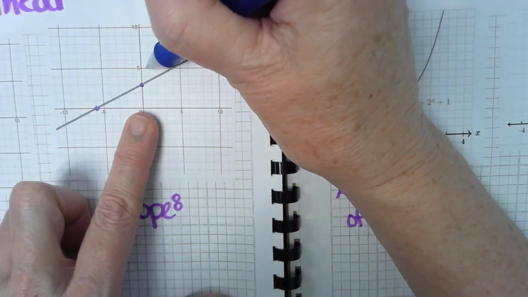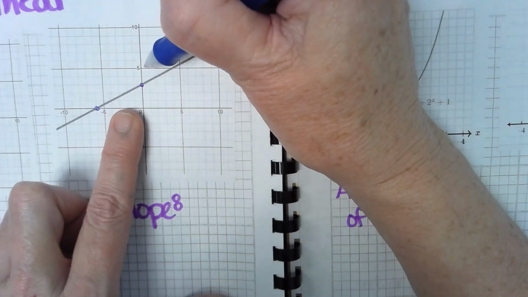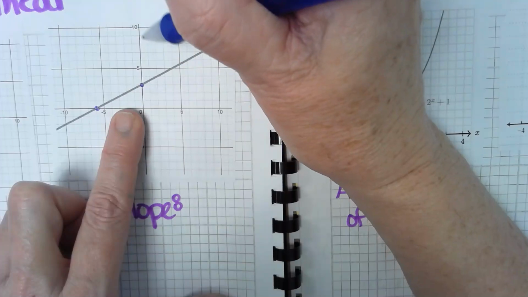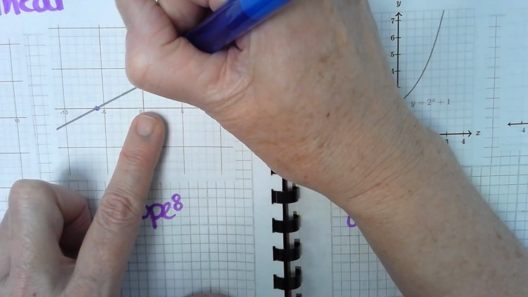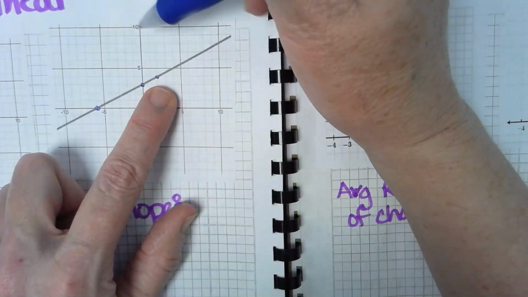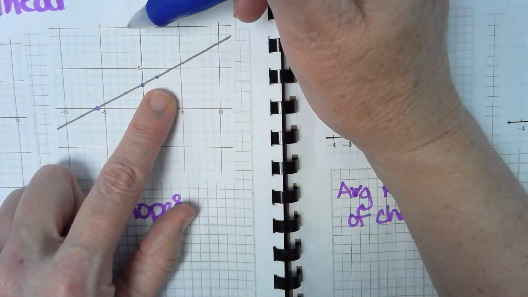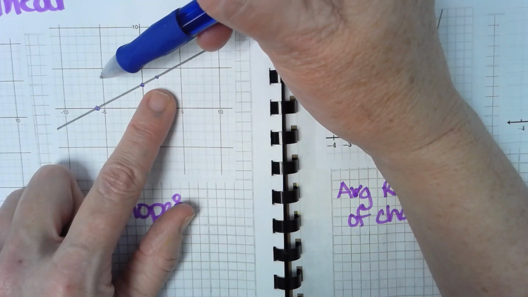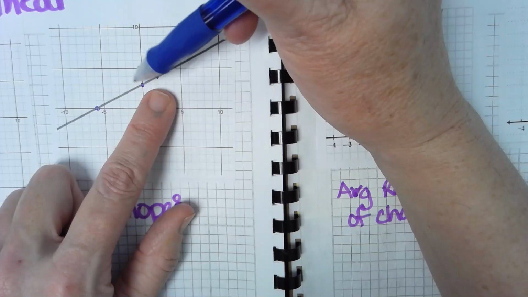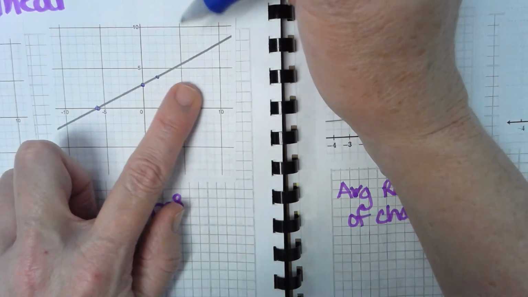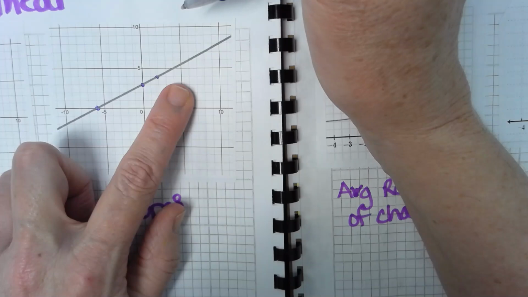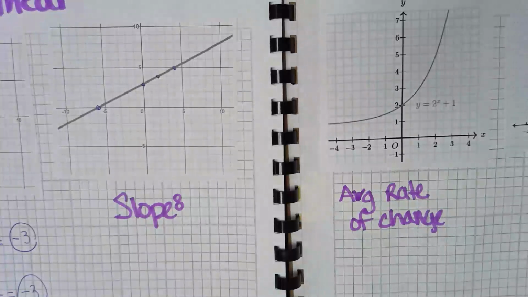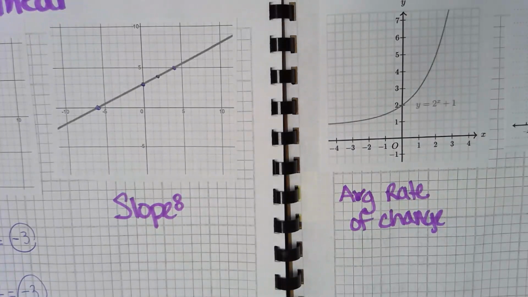Okay, here's one. There's one right there. It's hard because the line's kind of thick. Okay, let's see if we can find one more. Okay, here's one. All right, so those are some good points if you want to mark them.